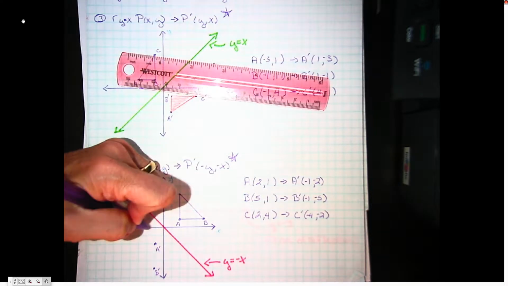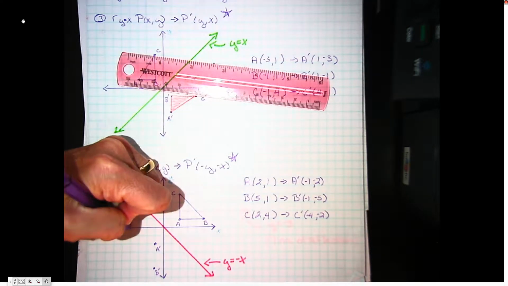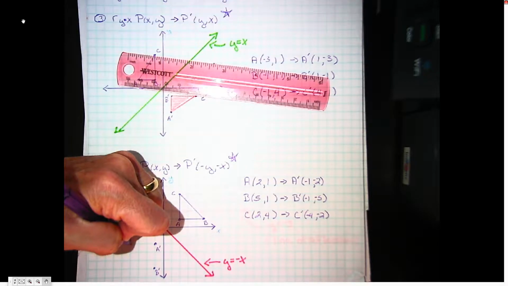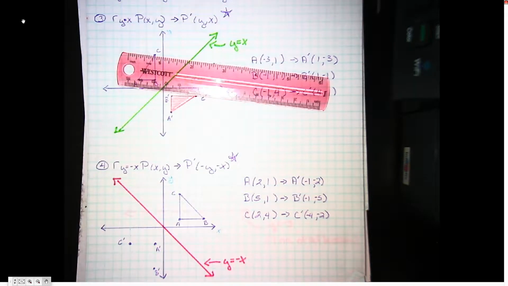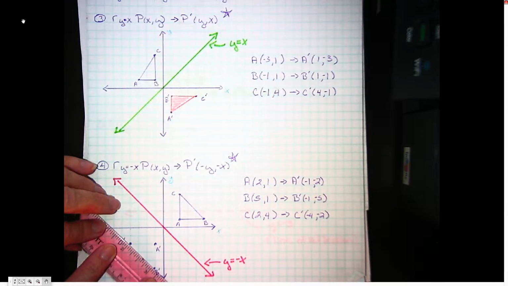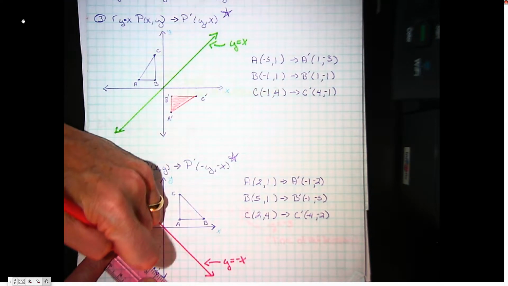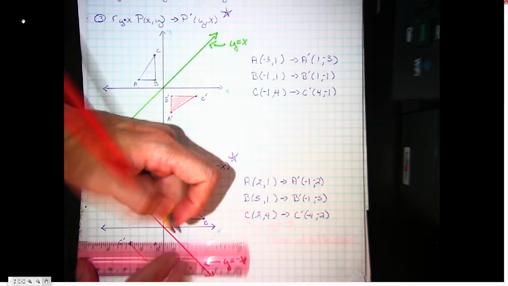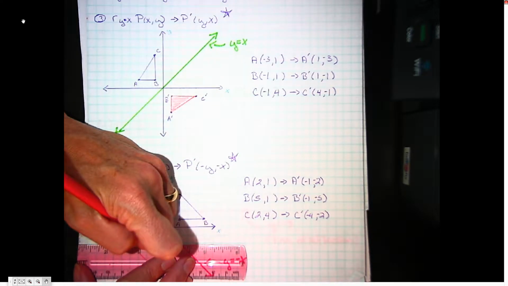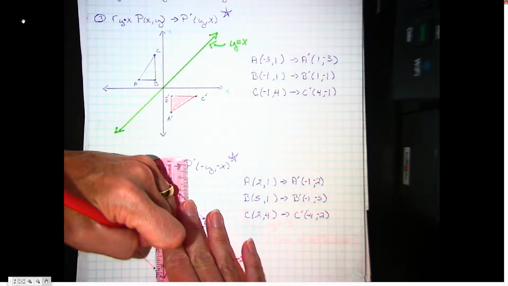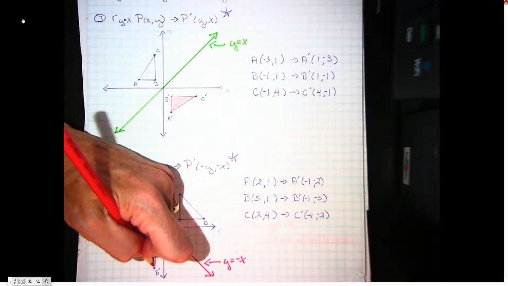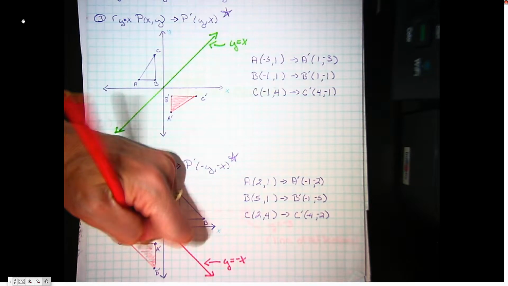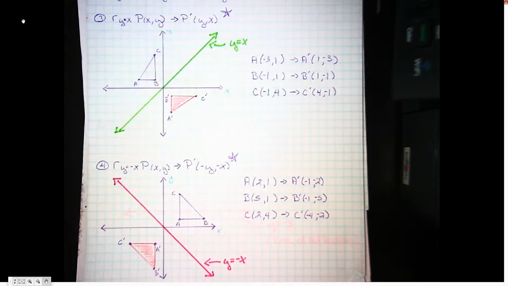So 1, 2, 3, 4, then 1, 2. There's my C prime. Draw my triangle. And if I color it a little bit, it should look like that.